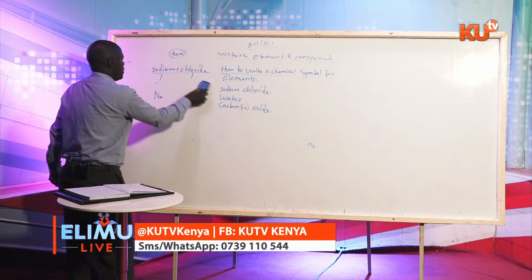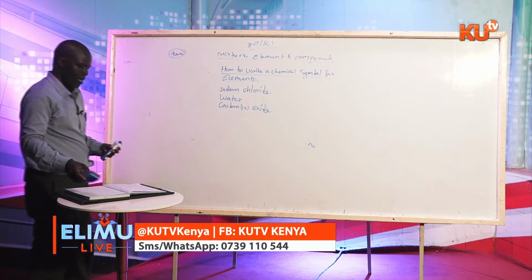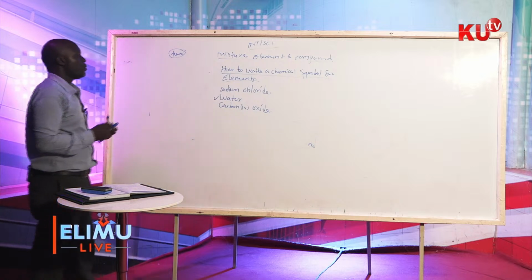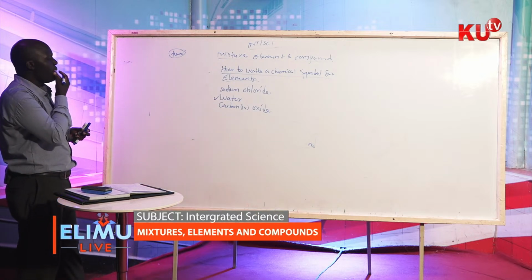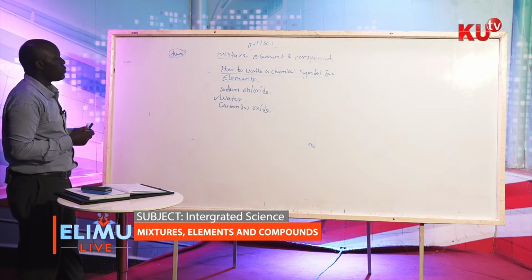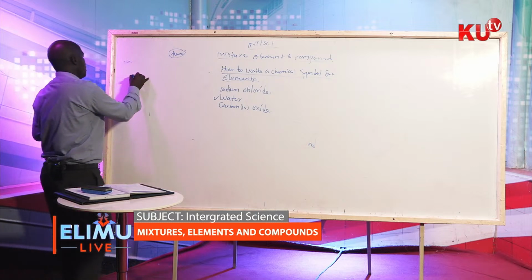Another compound, we have looked at sodium chloride. Another one is water. So are we in a position of being able to identify the elements which make up the compound water, because water is a compound?